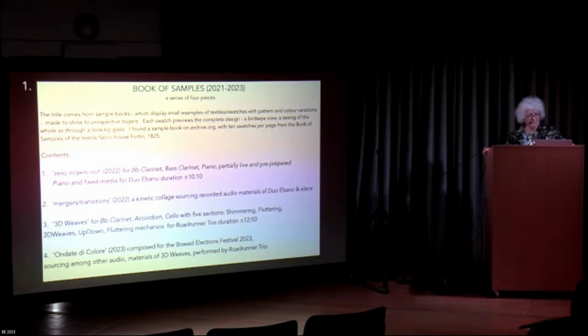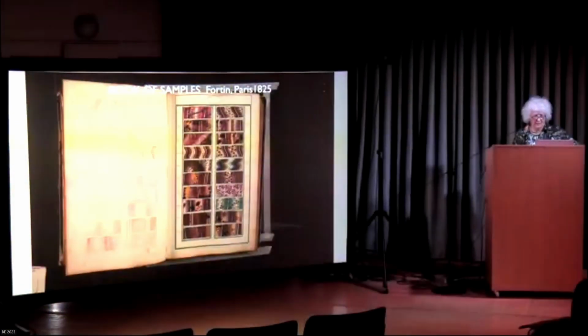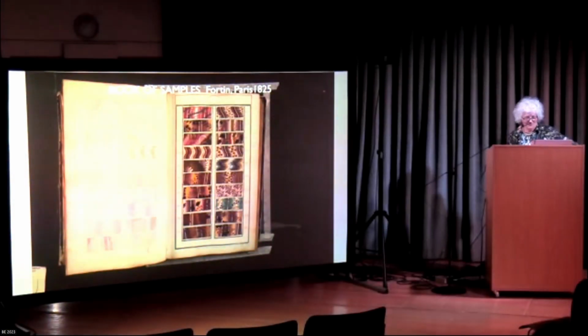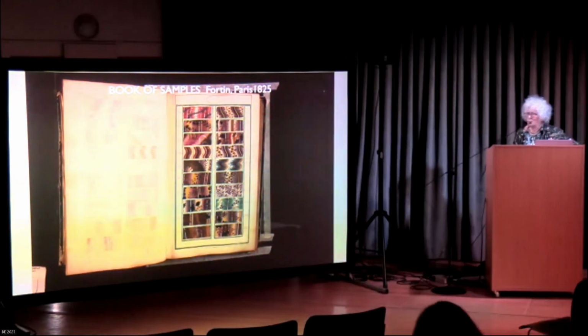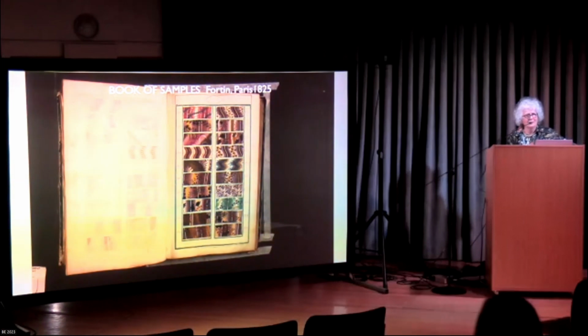So, instrumental number 1, 2 audio-visual, commentary thereof, 3 acoustic, and 4, which tonight will be presented for the first time. Okay. Here you see the Book of Samples, one page. And I found that for 1825, those are pretty modern looking to me.